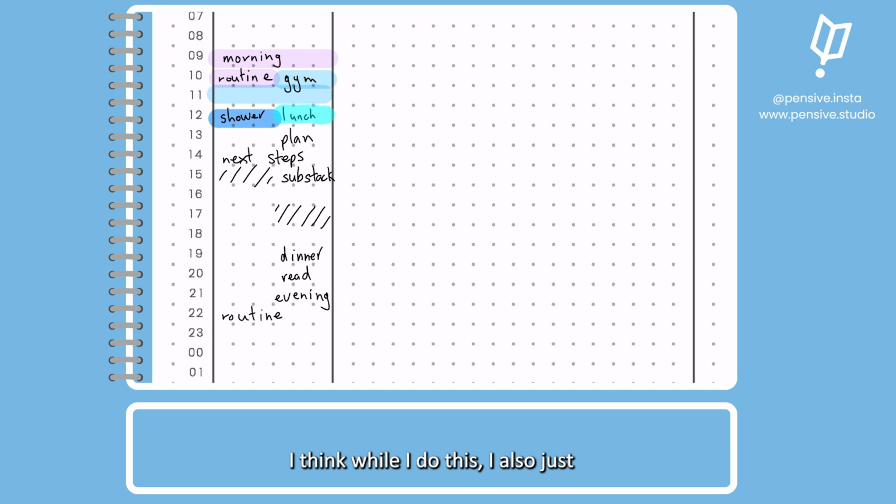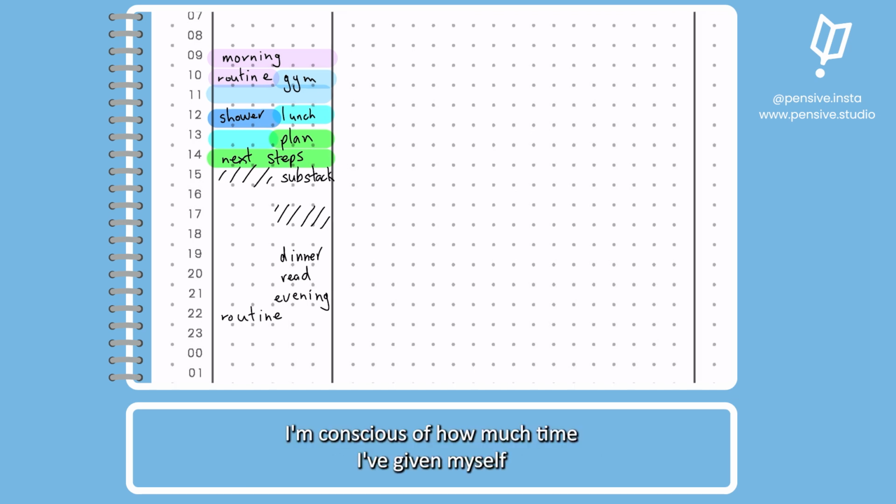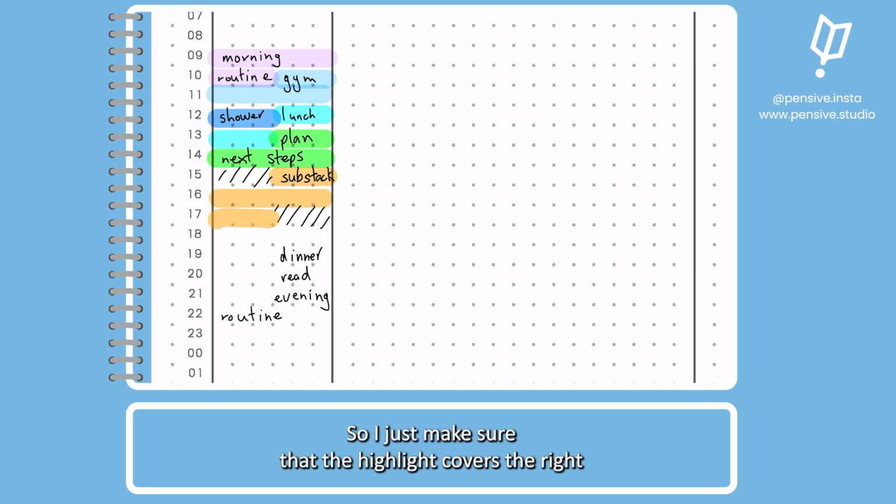While I do this, I also just remind myself about the duration that I've set for each activity. Each square represents 10 minutes. I'm conscious of how much time I've given myself for each activity, so I make sure the highlight covers the right amount of squares.